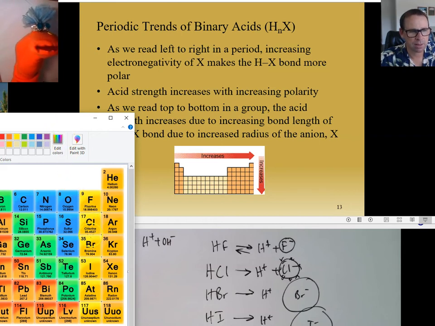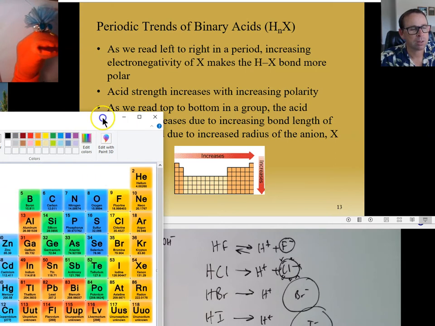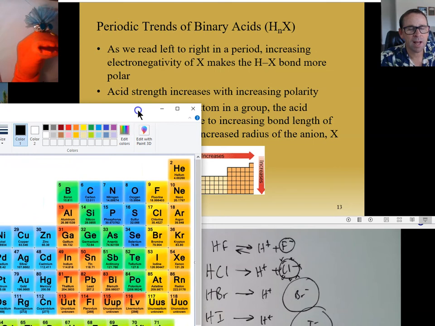HCl is a strong acid. H2S is not a strong acid. All right. So it's not hard to remember this information about the strength of binary acids, because we know that these are the conjugate bases of the strong binary acids. Therefore, we remember that HF is not a strong acid.